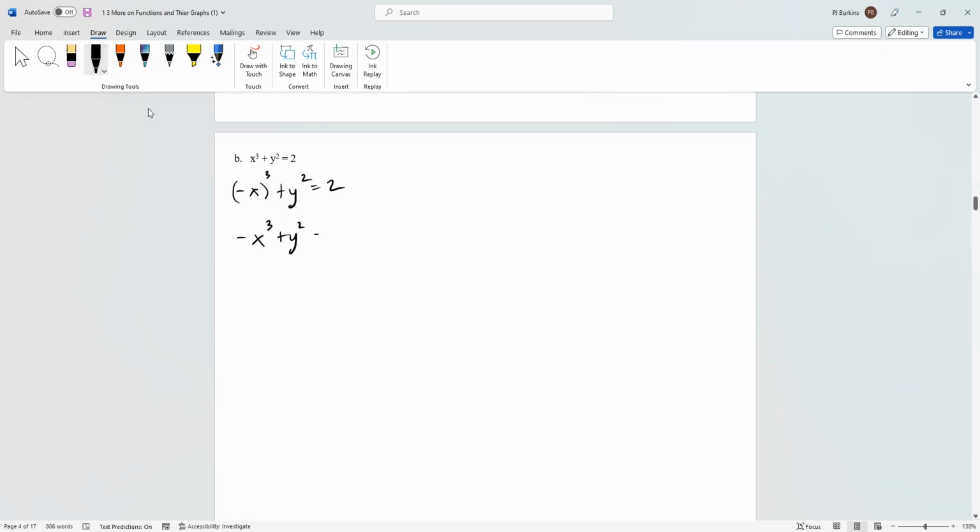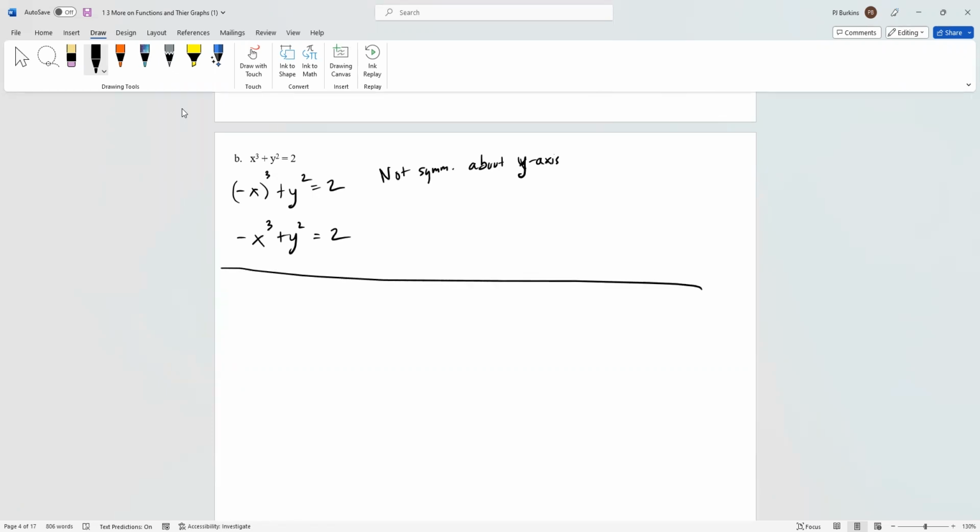This is not equivalent to the original, right? And remember, I put in a negative x to an odd power. That gives me a negative back. So if this is not equivalent to the original, this is not symmetric about the y-axis.